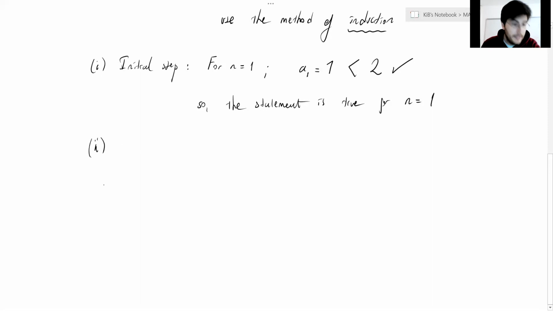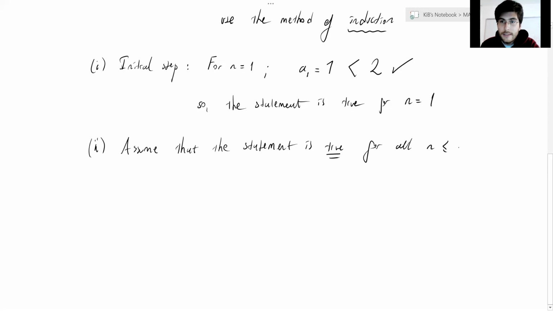So the second thing is the induction part: we assume that the statement is true up to some point, for all n less than or equal to k, some number k.